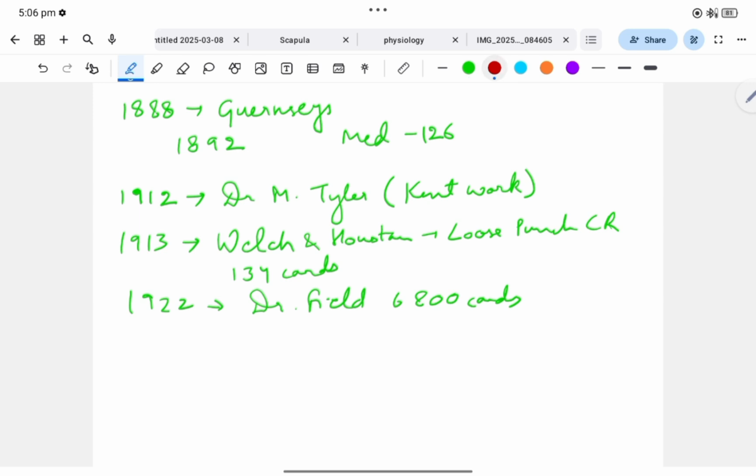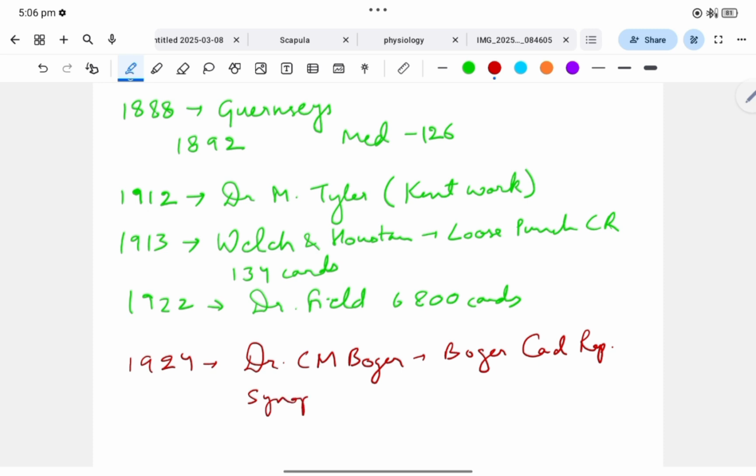Then in 1924 card repertory was given by Dr. C.M. Boger, that is Boger's card repertory, and it is based on synoptic key.